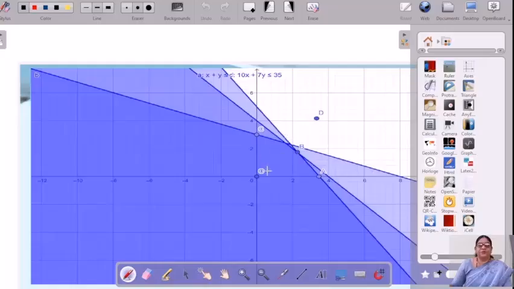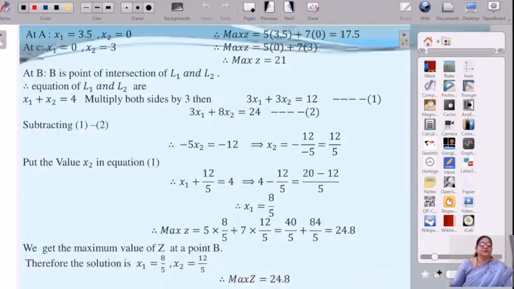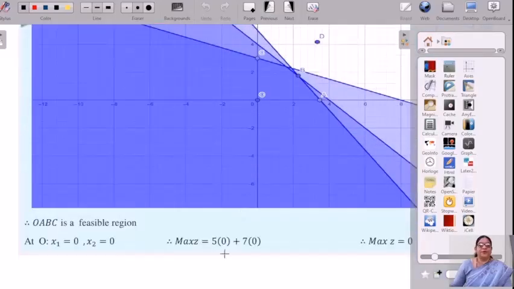Using the software GeoGebra, I have drawn it. This is O, A, B, C. The dark portion is the feasible region.